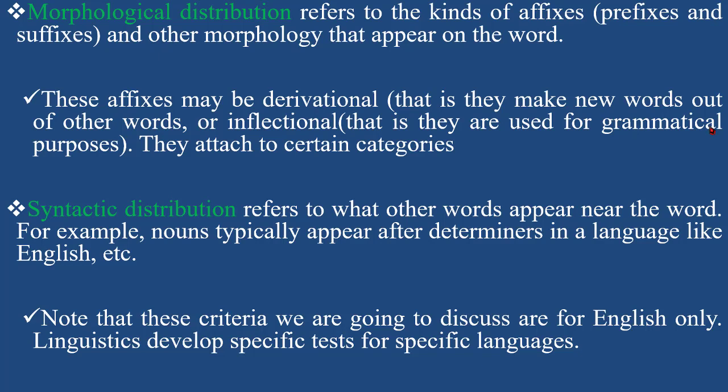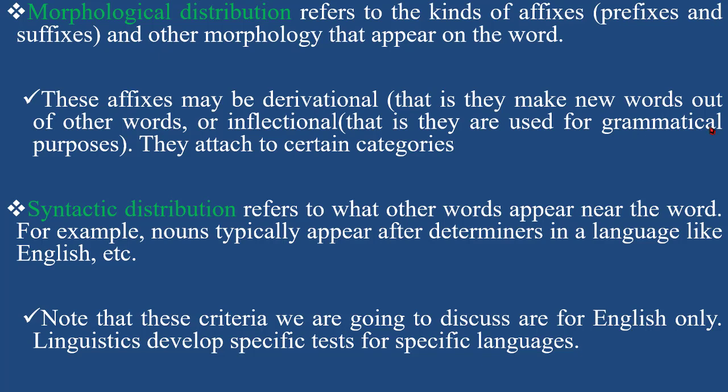These affixes may be derivational, that is, they make new words out of other words. And then we have inflectional affixes, used for grammatical purposes, like the plural in nouns and the ed of the past. They attach to certain categories to change either the grammatical function, in the case of inflectional, or to make new words, in the case of derivational.